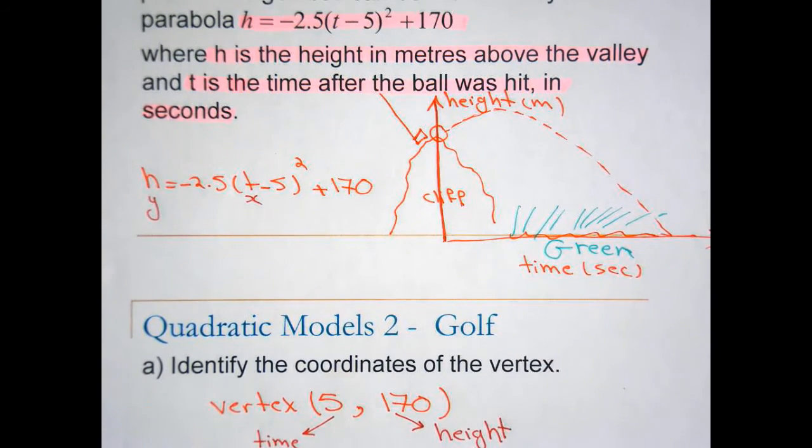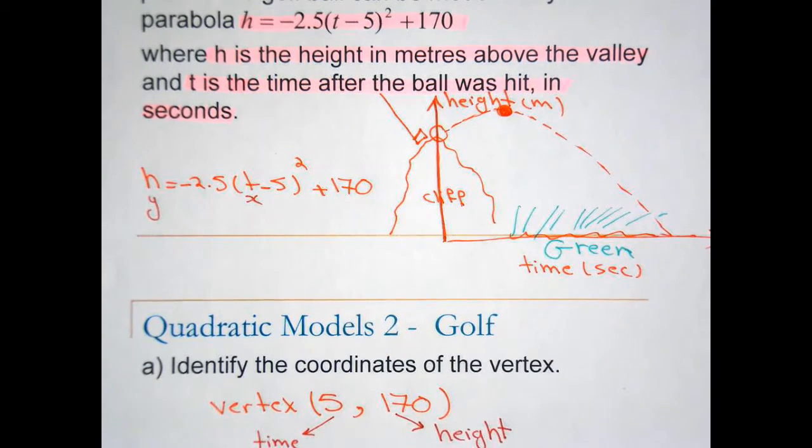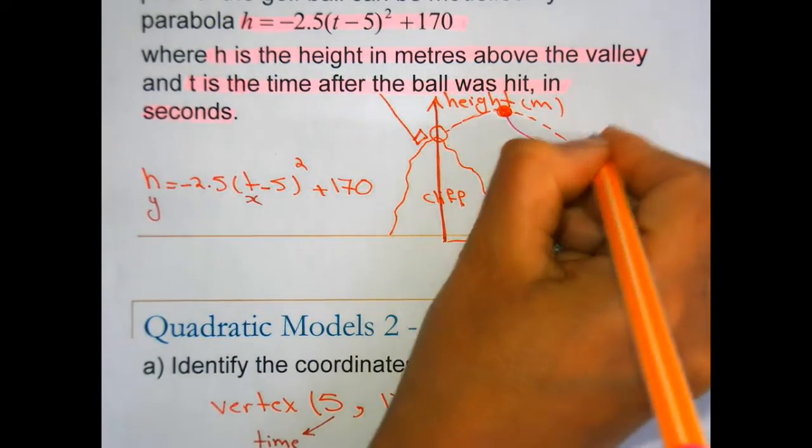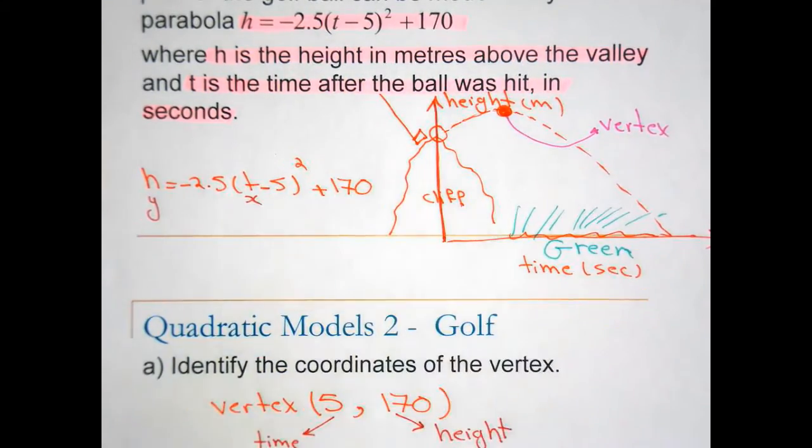And the vertex is where we get to the maximum height. At here we get to the maximum height, and after that the ball will go down.